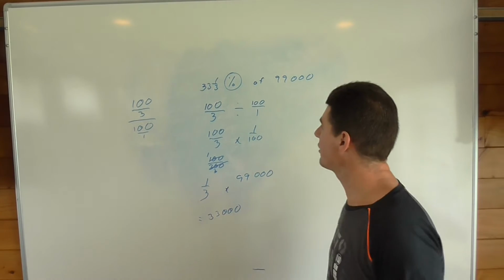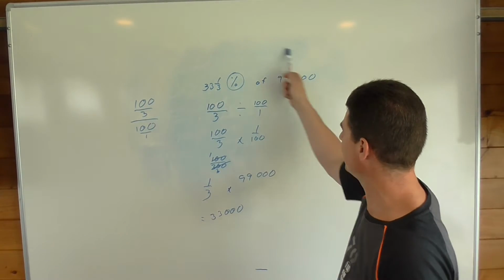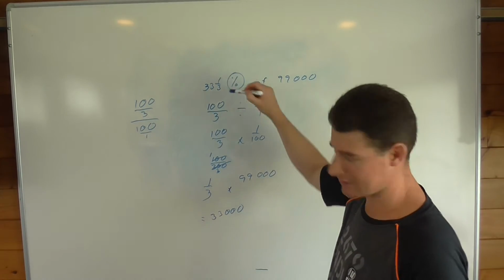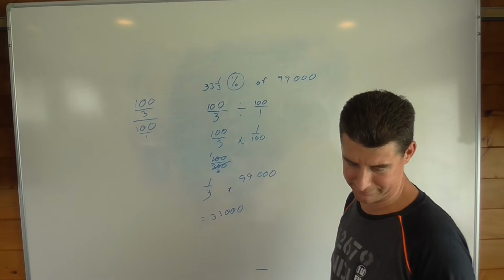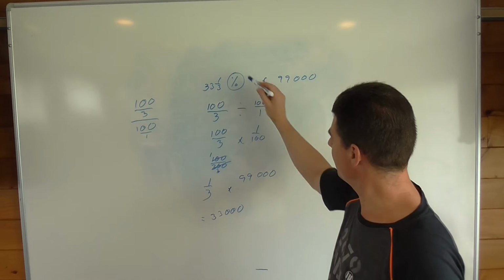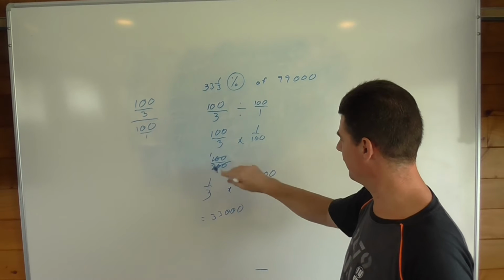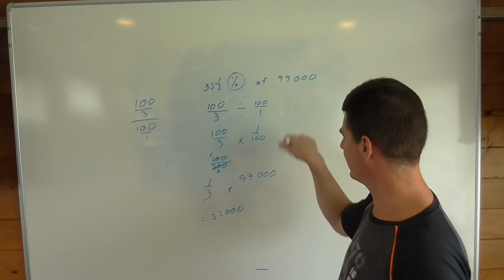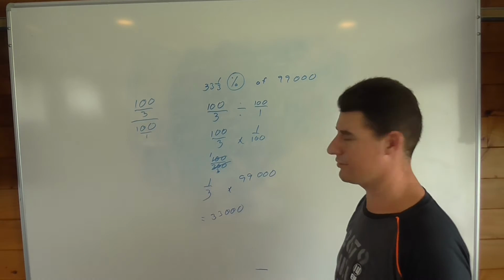Let's look at this again. We've got 33 1/3% of 99,000. Remember, we need to put that over 100 because it's a percentage, and then you do your calculation and get to a third.